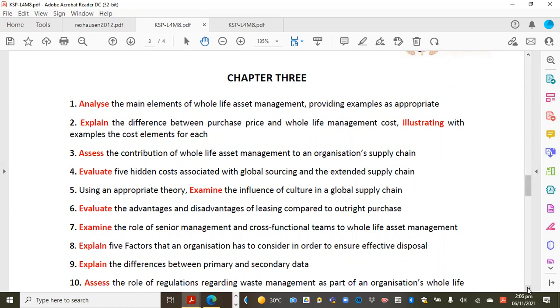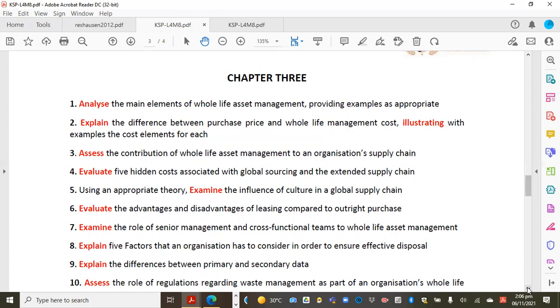The elements include pre-acquisition cost, acquisition cost, maintenance. We can even look at disposal, quality. We can look at even training. So in chapter 3, you see the elements there.